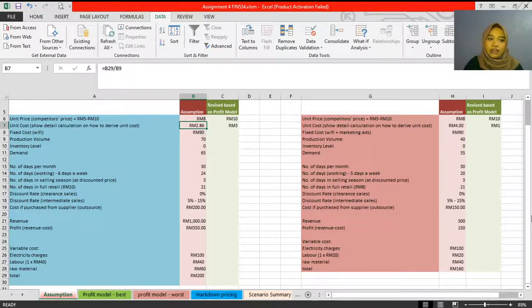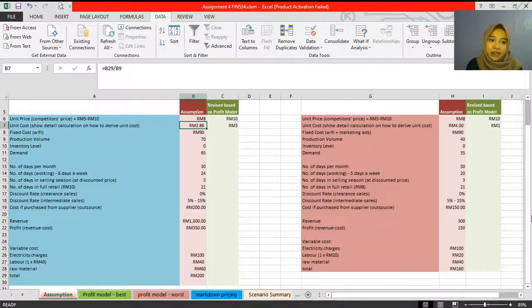For my fixed cost, I only have to pay my Wi-Fi because I am producing my chocolate cake at my house, so I have no rental and no need to pay other costs, for example rental and so on.